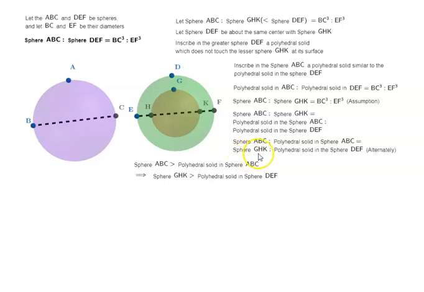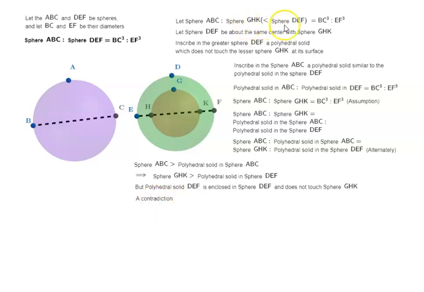That is, sphere GHK is greater than polyhedral solid in the sphere DEF. But polyhedral solid in DEF is enclosed in the sphere DEF and does not touch sphere GHK. So, which means sphere GHK cannot be greater than the polyhedral solid in sphere DEF. So, we have arrived at a contradiction.